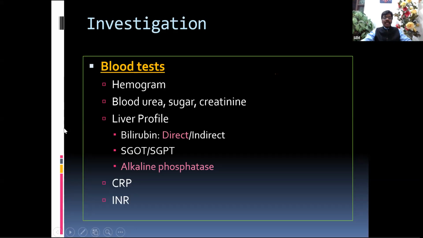Okay. Next important investigation for this patient is liver function test. You have to look at the patient's bilirubin, transaminases, SGOT, SGPT, and then alkaline phosphatase.